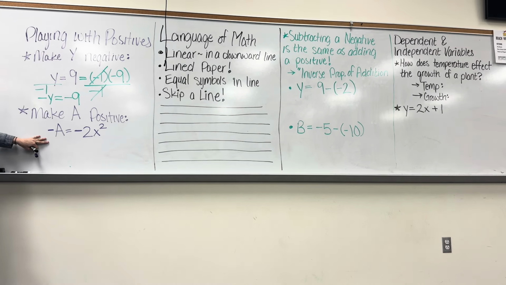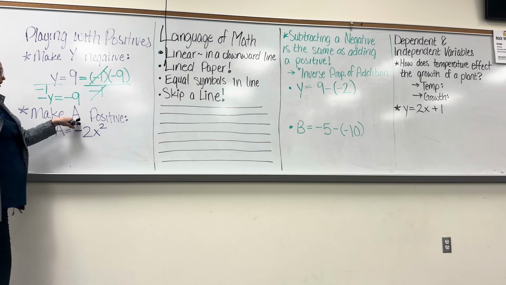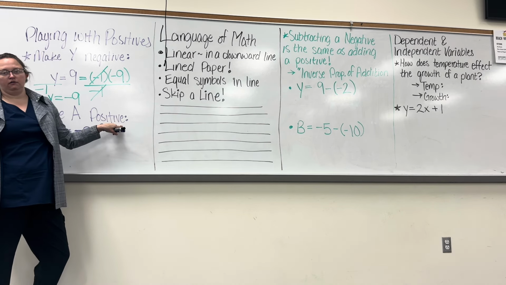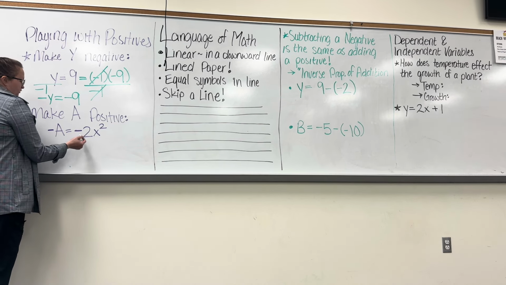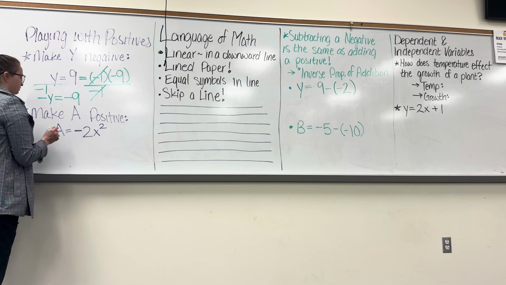Now let's go down here. We need to make a positive, right? So we know right before this a is an understood 1, and not just any 1. It's a -1. Here, we know that this is a -2, okay?